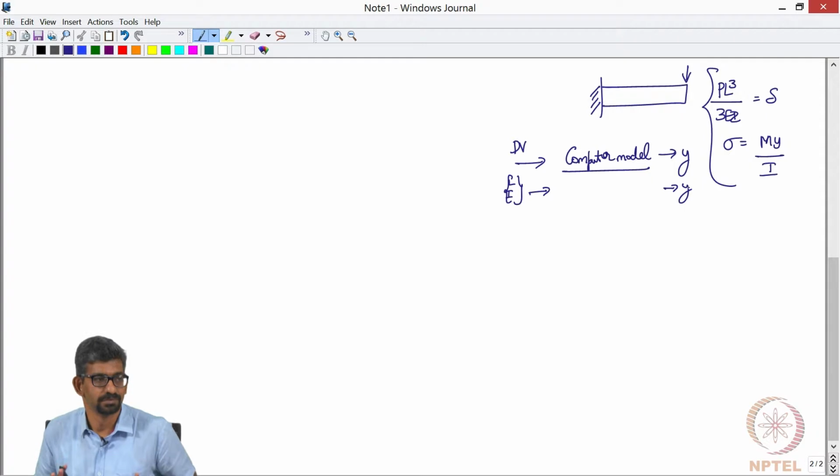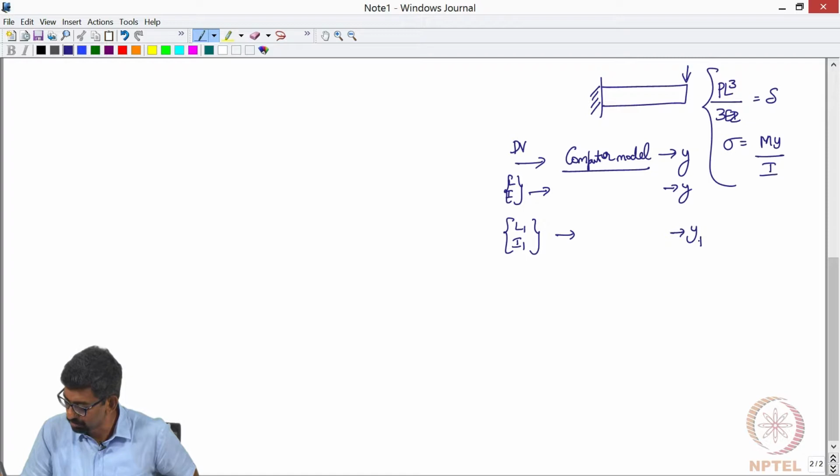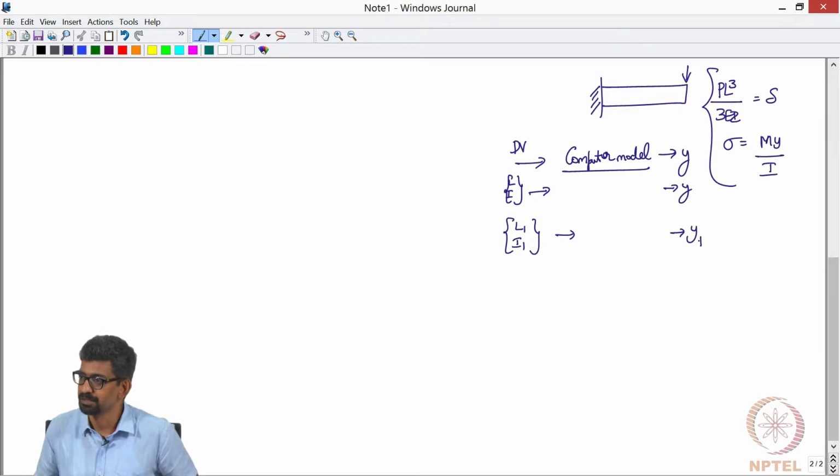If you change this L and I, you will have to redo the computer model, it will give you another y, correct. So, every time I have a new L and new E, I need to plug it in, and then it will give me a new delta.